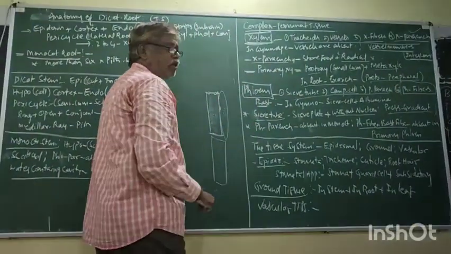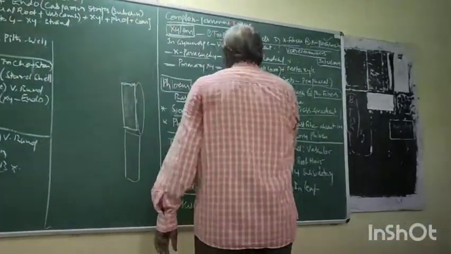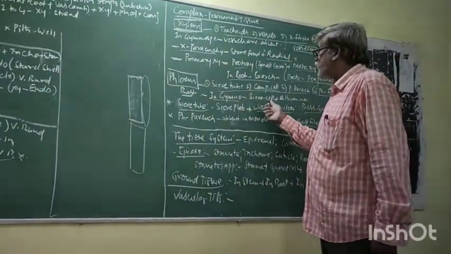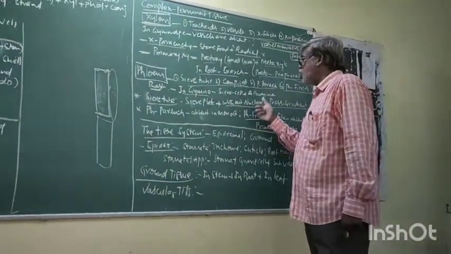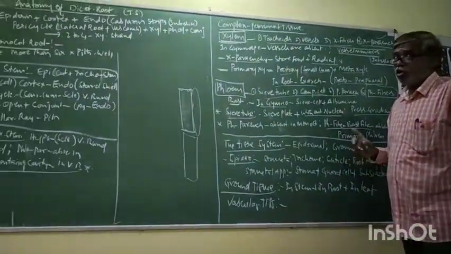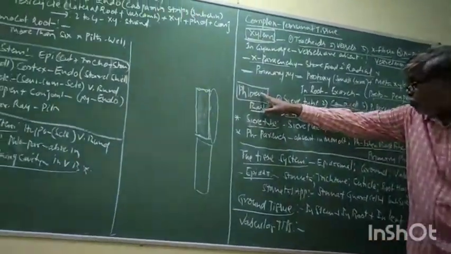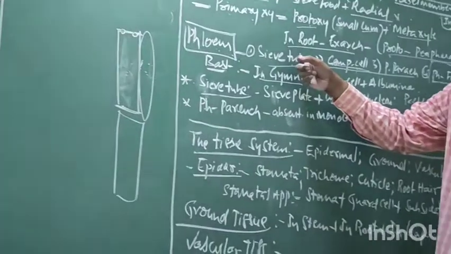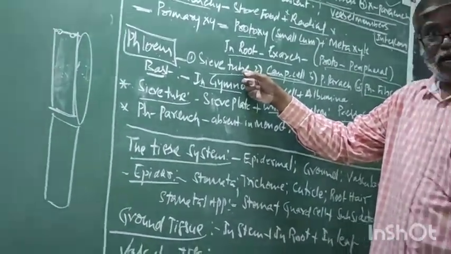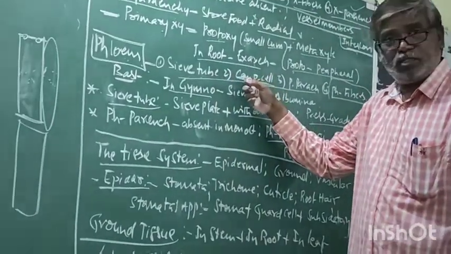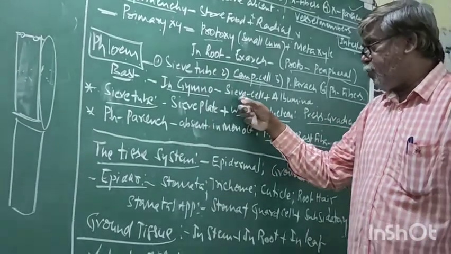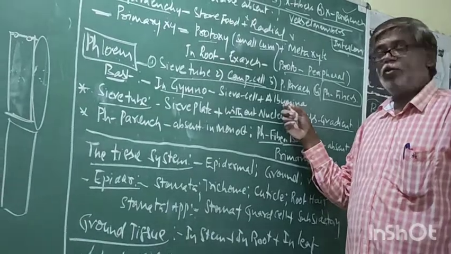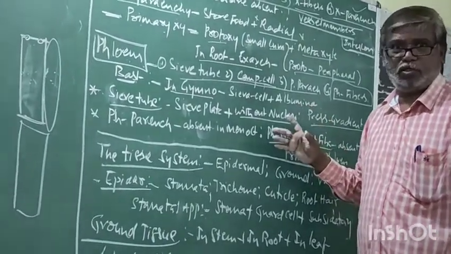Now come to gymnosperms: instead of sieve tubes, there are sieve cells, and instead of companion cells, albuminous cells. The phloem of gymnosperms does not contain companion cells or sieve tubes. The sieve tube place is occupied by sieve cells, and companion cells are replaced by albuminous cells.